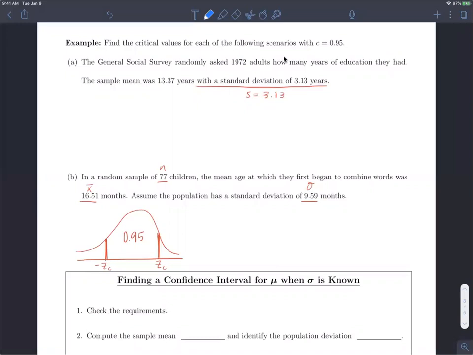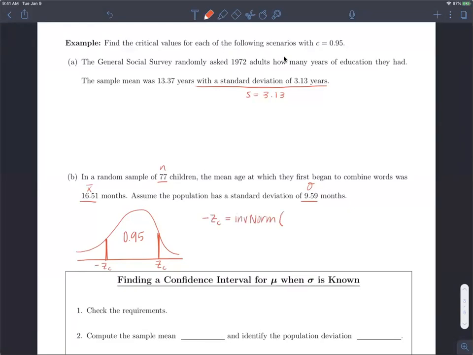Inverse norm. Yeah, so Z-test was to make a conclusion about the hypothesis test, but Z-test also gives you the test statistic, right? But the critical value is found with inverse norm. So if I want to find negative Z sub C, it's going to be inverse norm.